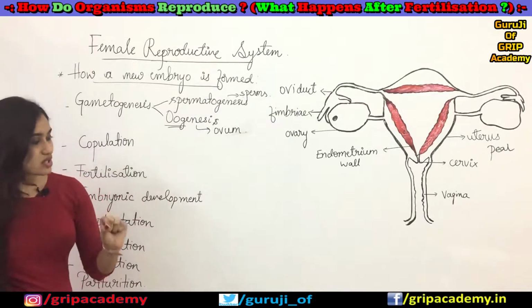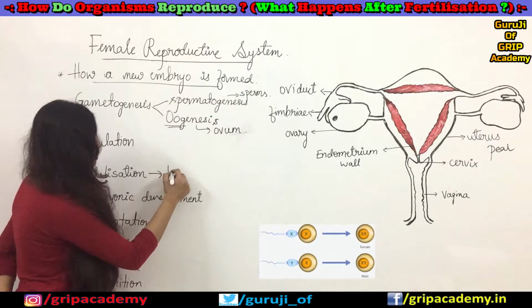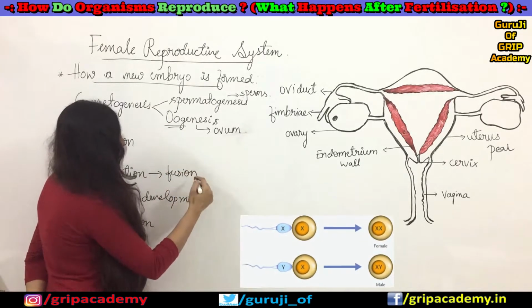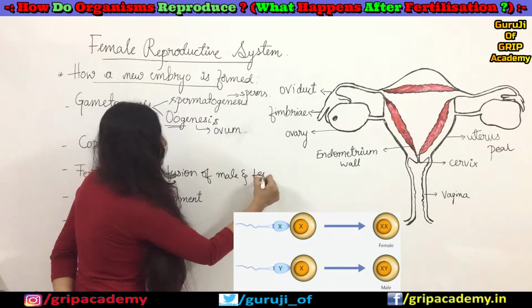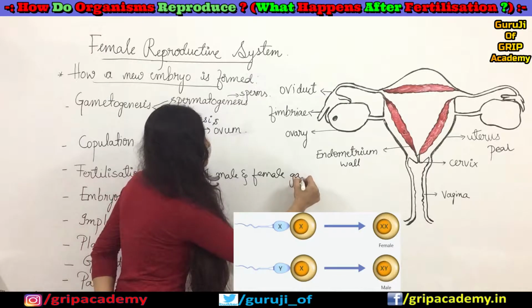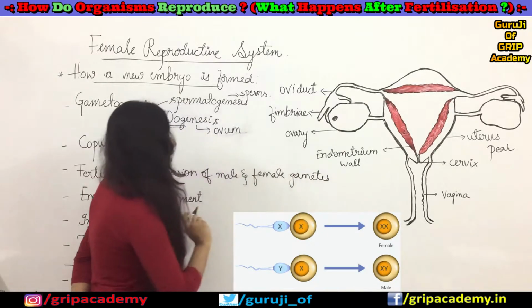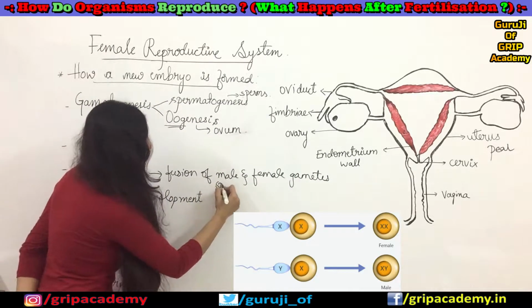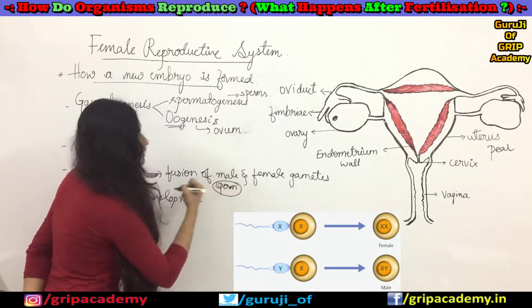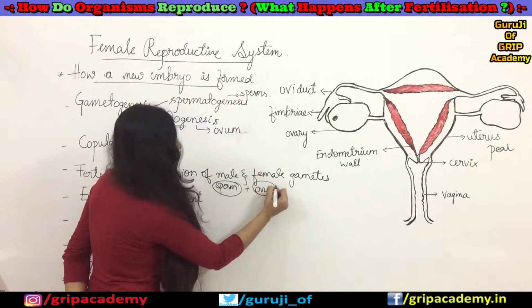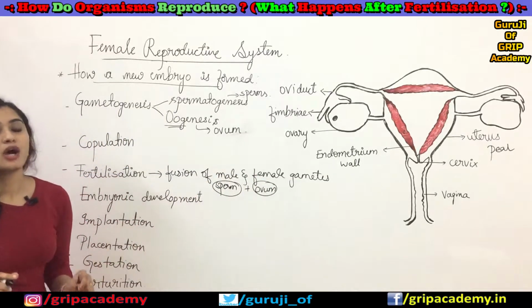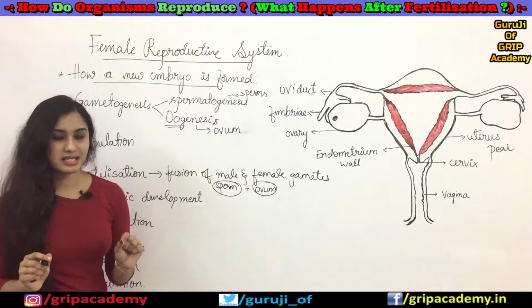So fertilization is a process of fusion of male and female gametes, which is nothing but when a sperm, which is a male gamete, fuses with the female gamete, which is the ovum, then we call that fertilization.